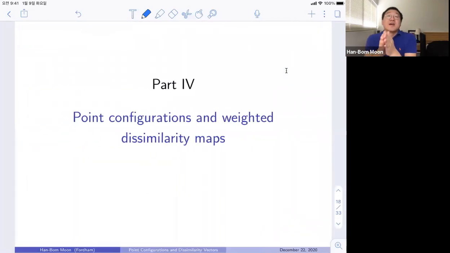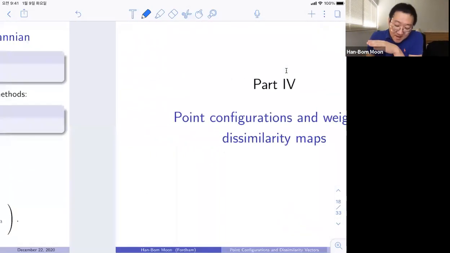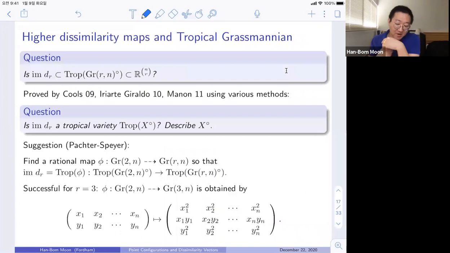Okay, so first of all, let me explain something about our result on the second question. The second question was: is the image of the R dissimilarity map a tropical variety or not?